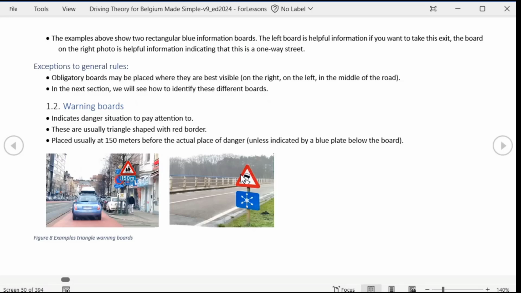A round board with a red border is a prohibition board. Similarly, a triangle board with a red border is a warning board. These are usually triangle shaped boards with a red border, and these are usually placed 150 meters before the actual place of danger. Why is that so?